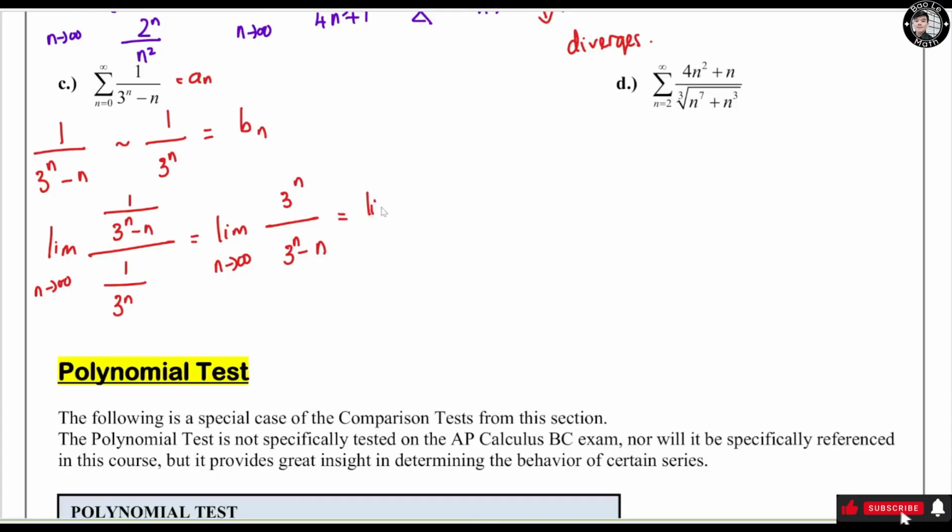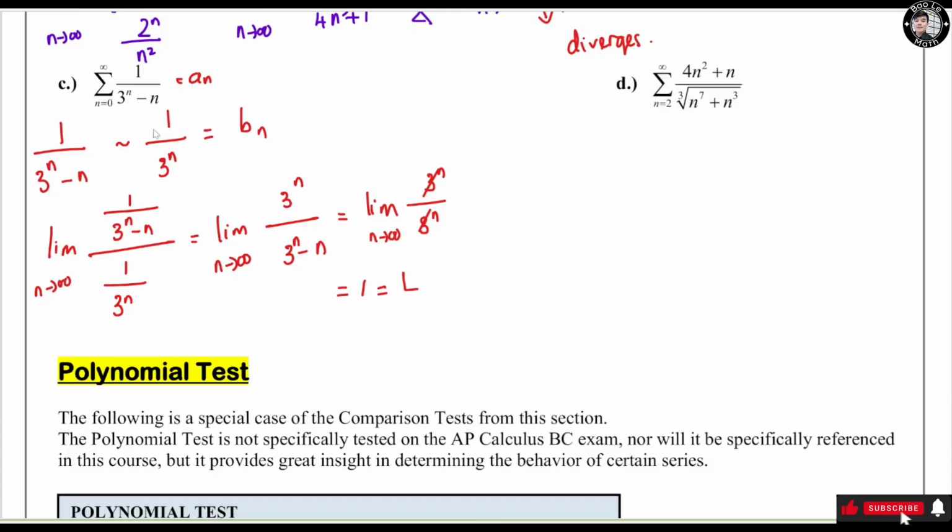So it could be the limit of 3 to the n over 3 to the n when n approaches infinity. This cancels out, the answer is 1. And this is finite and positive. So by the limit comparison test, a sub n and b sub n either both converge or both diverge.